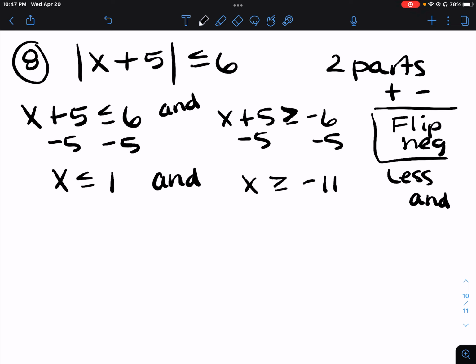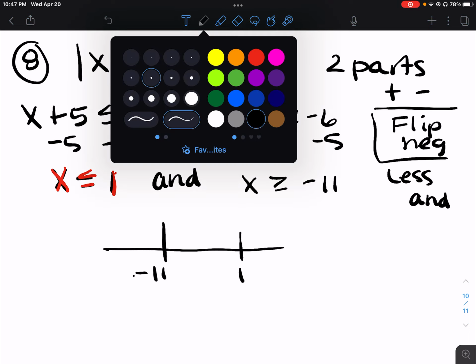I'm going to do x is less than or equal to 1 in red. Okay, let me draw the number line first. Okay, -11 is the smaller number. Okay, less than or equal to. Okay, so include less than.